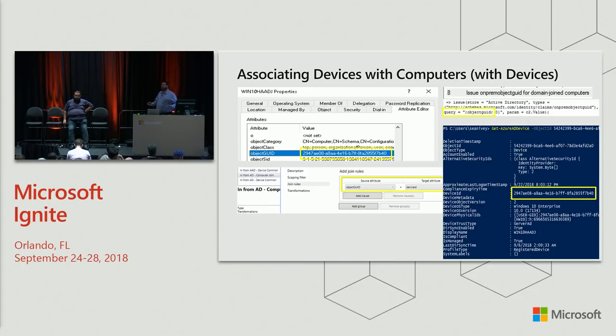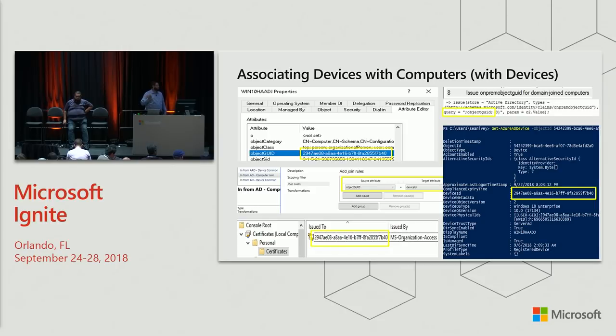So how do we prove that when we go to authenticate to Azure AD? How do we say, hey, look, this is the device that I am? With the cert that's now on the device. So if you look, now this is actually from a Windows 10 machine. So on Windows 10, I'm looking at the local computer's certificate store.